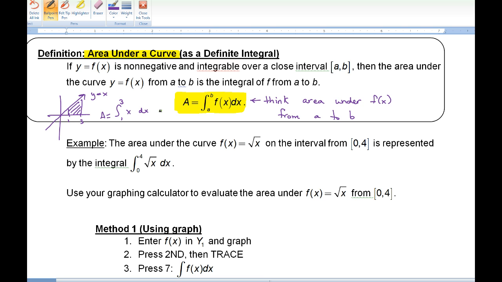So could you figure out the area under that curve? What kind of shape do we have? It's a trapezoid. So could you divide it into a triangle and a rectangle, or just use the trapezoid? You could figure out the dimensions for that trapezoid, figure out the area, and you would have evaluated this integral.